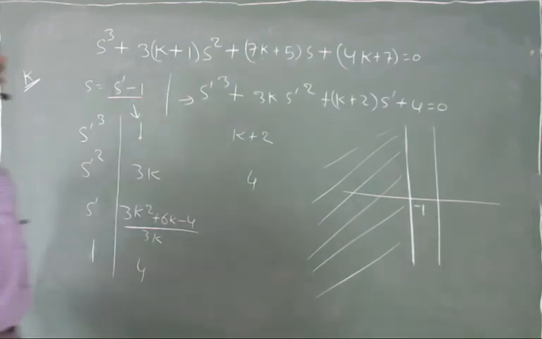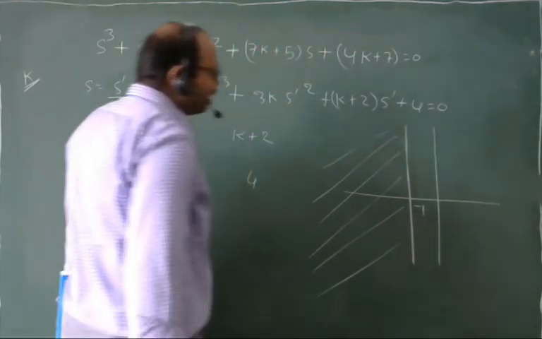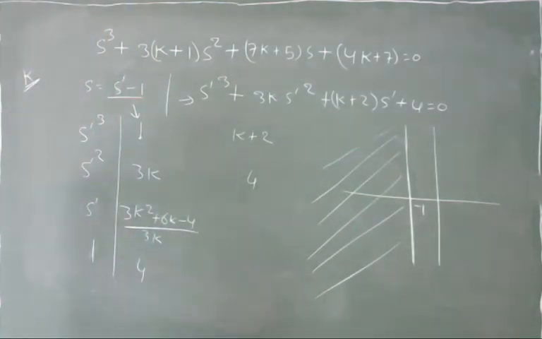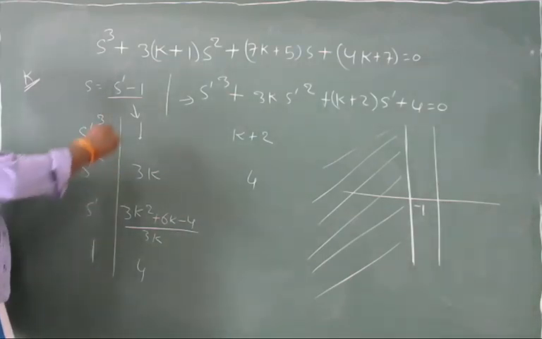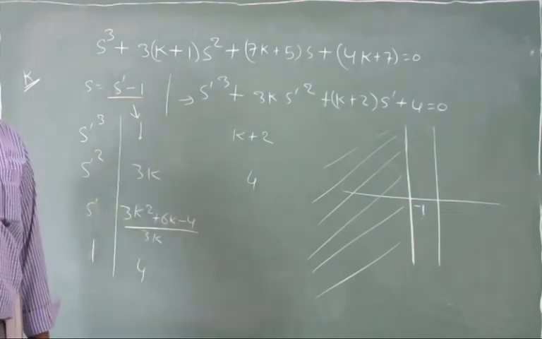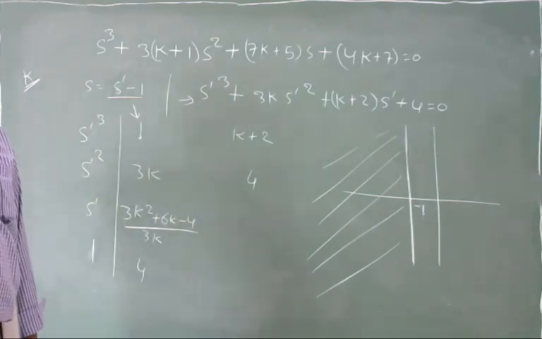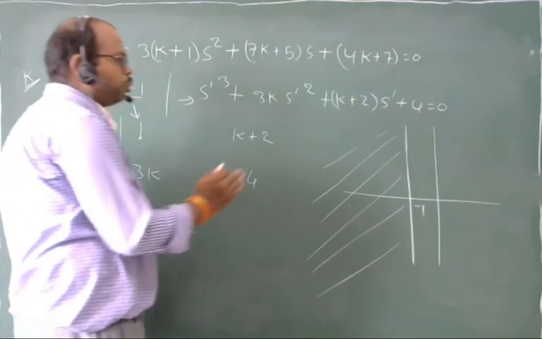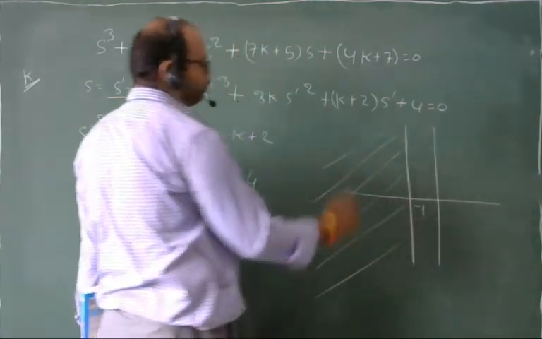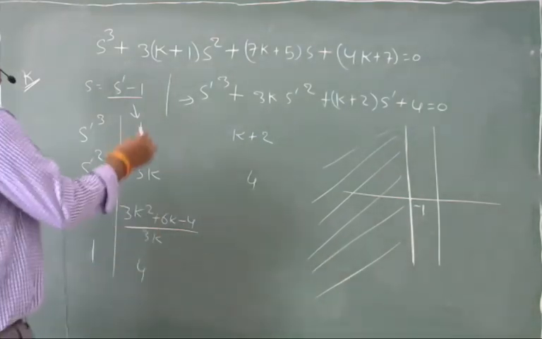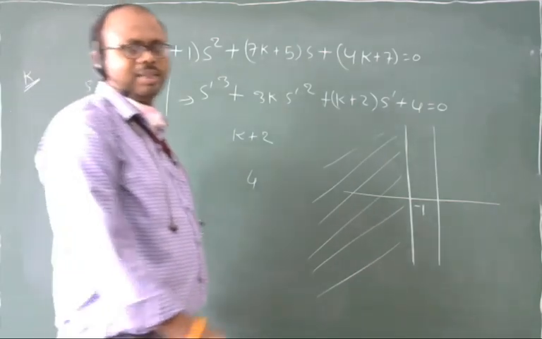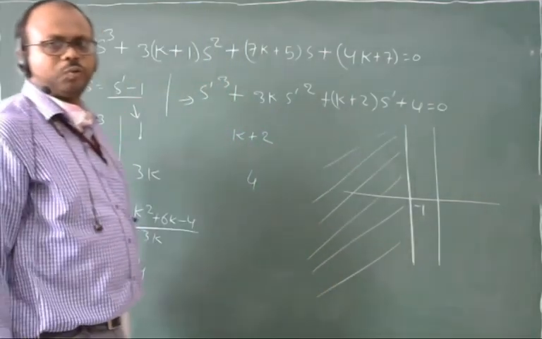And if I change the center, then what will be the conclusion? That if the first column of the RH table has no sign change, then all the roots will lie in the left half of the S is equal to minus 1 line, right?